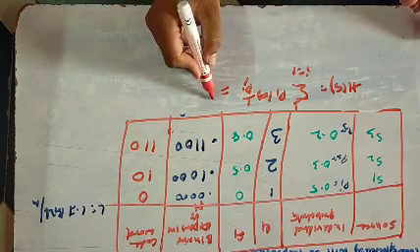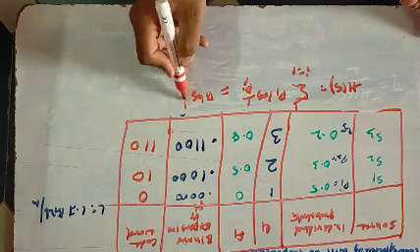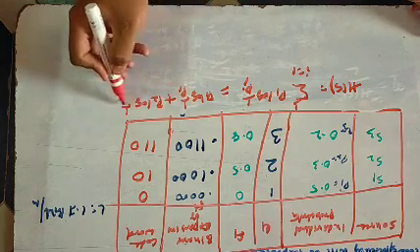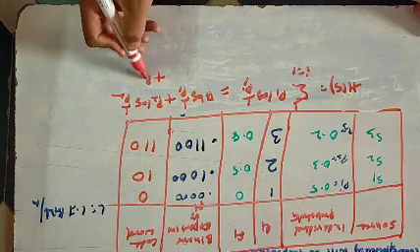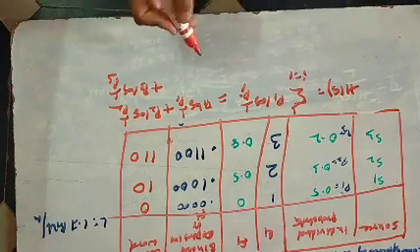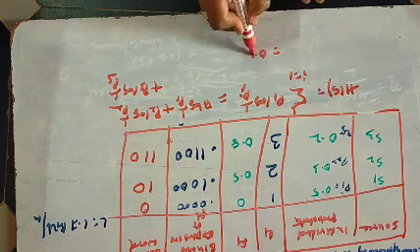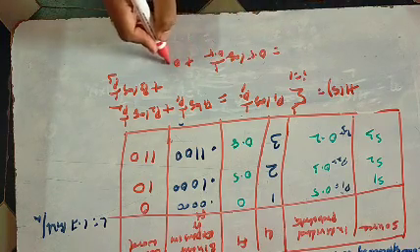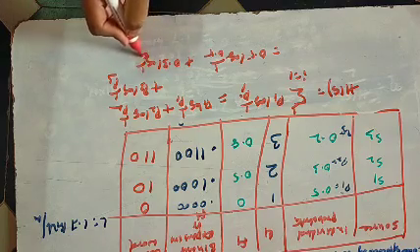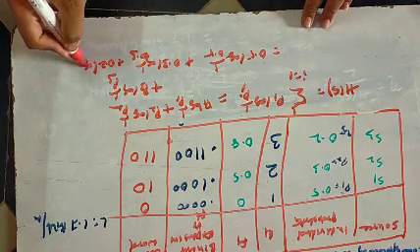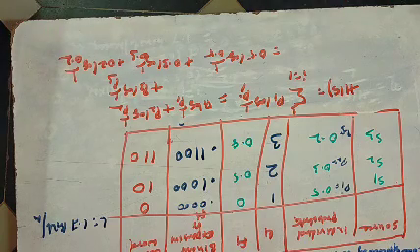We can write this as P1 log 1 upon P1 plus P2 log 1 upon P2 plus P3 log 1 upon P3. And substituting their values, this is 0.5 log 1 upon 0.5 plus 0.3 log 1 upon 0.3 plus 0.2 log 1 upon 0.2.